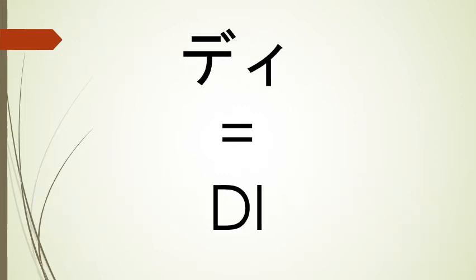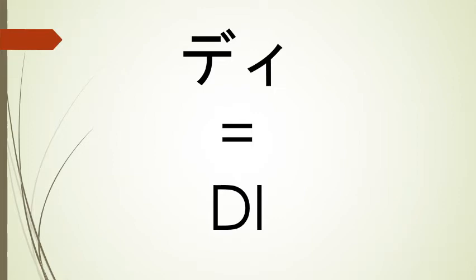And similarly, if you combine de and a small e, you get di. Once again, this is a sound where oftentimes you'll actually see a use of the katakana ji to recreate the D sound from English, but you can also use this form, the de combined with a small e.